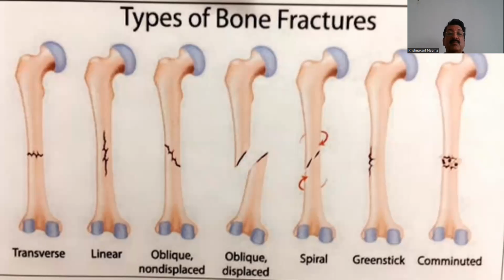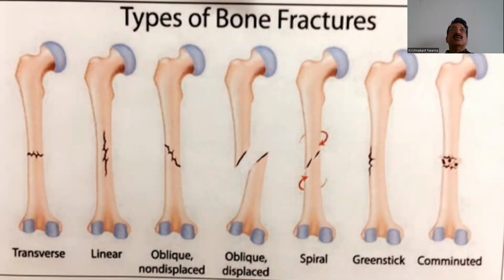That means the fracture line makes an angle more than 30 degrees with the long axis of the bone, but it is non-displaced. In the fourth picture, it is oblique, but it is displaced. In the fifth picture, there is a spiral fracture, twisting injury.